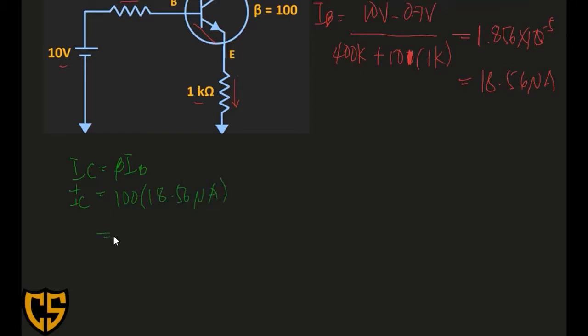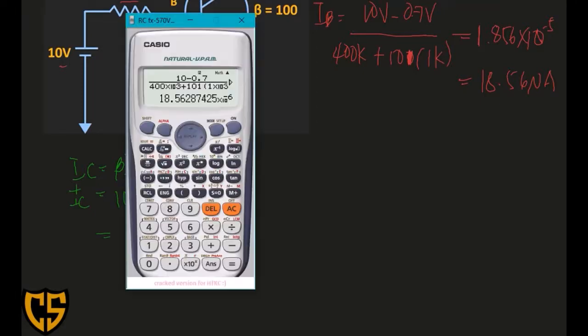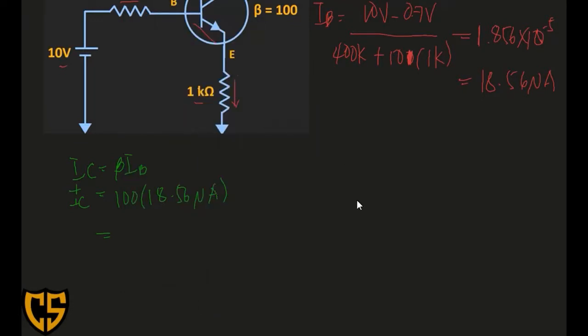The value of our IC will be times 100. This is equal to 1.856 times 10 to negative 3, or 1.856 milliampere. So this will be the value of our collector current.